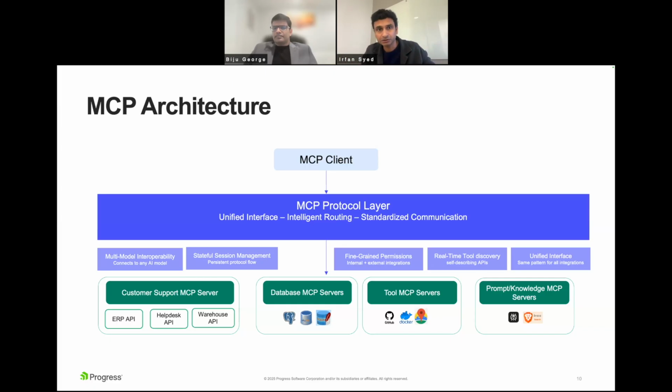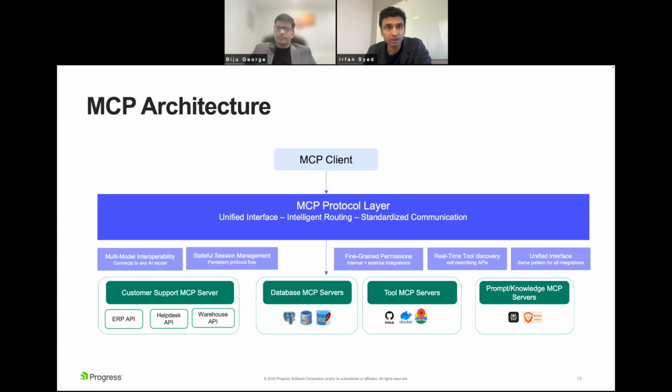It could be an ERP solution, a database server, or a tool-specific solution like Docker, Google Maps, or GitHub, or it could be an internet-based driver. It doesn't matter what they are. If you follow a standard protocol, which is MCP, it will help you just expose them as services or functions and use a common client to interact with them.